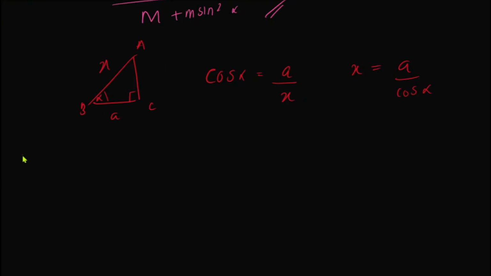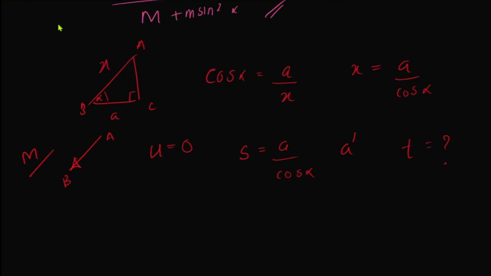So for the particle of mass m in the AB direction, we know that the initial velocity of the particle was 0. We know the displacement of the particle. It has to travel a over cos alpha distance to reach the bottom. We know the acceleration of the particle is A dash. What we need to find is t.